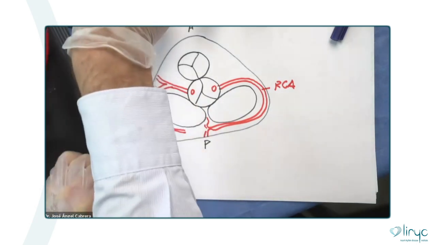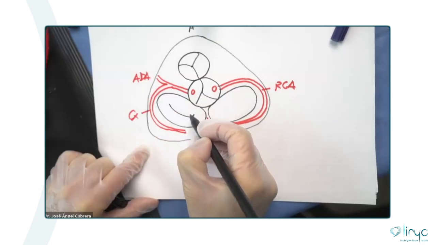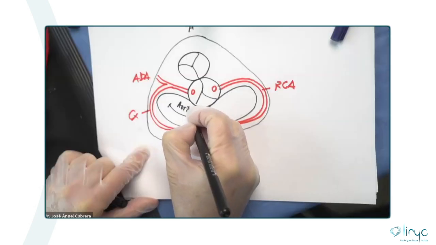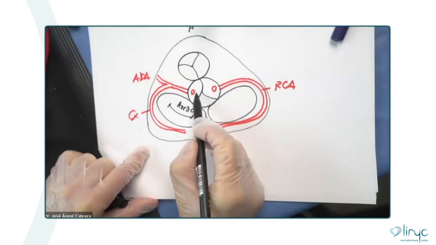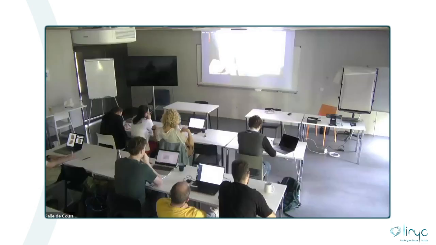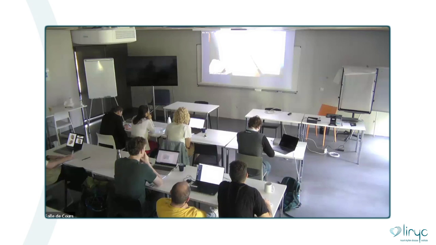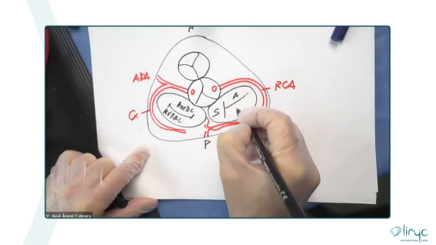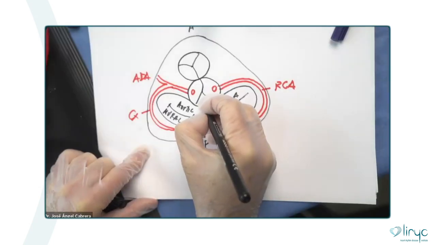And note that this is the mitral valve, this is the aortic leaflet of the mitral valve because it's anterior and close to the aorta, and this is the mural leaflet, that this is posterior. And here we are going to see that this is septal, this is anterior, and this is inferior or posterior. And this is the non-coronary sinus.